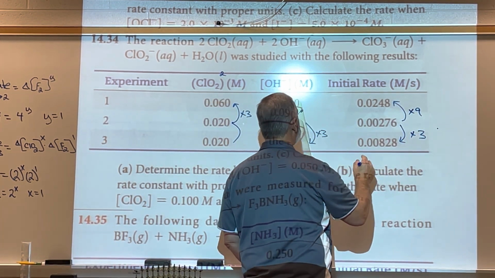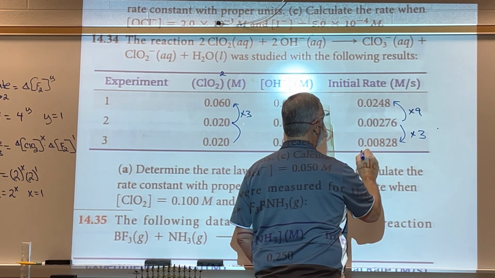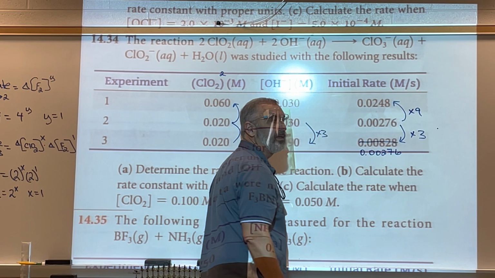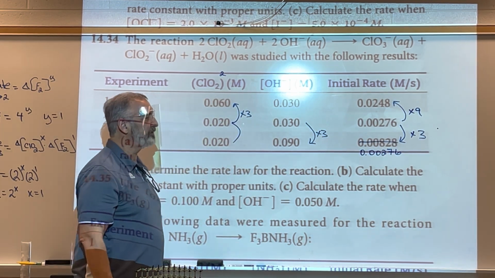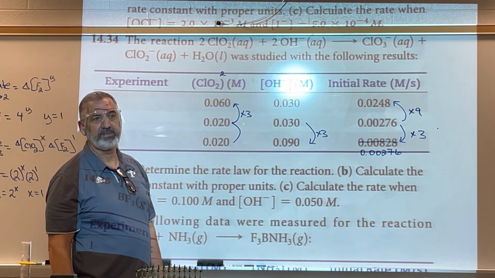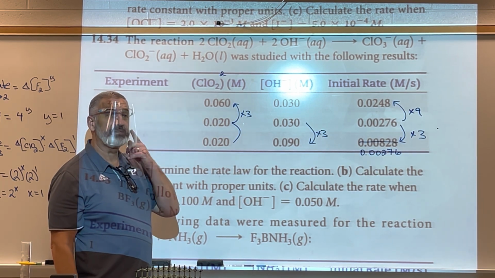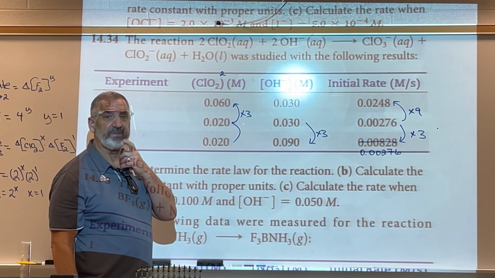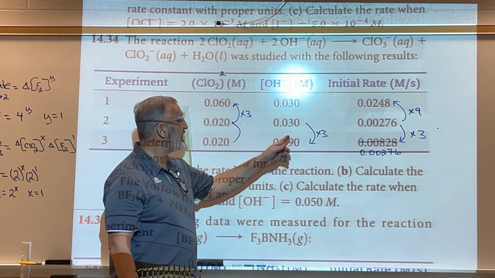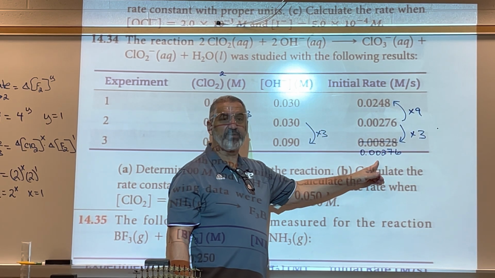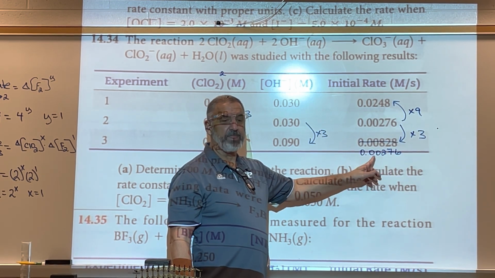Now, if this one had said 0.00276 instead of that, what would the order have been? Not 1. What, Ben? 0. When you change the concentration, but there's no change in the rate, that's when it's 0 order.